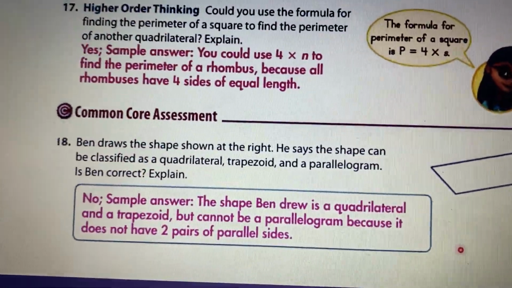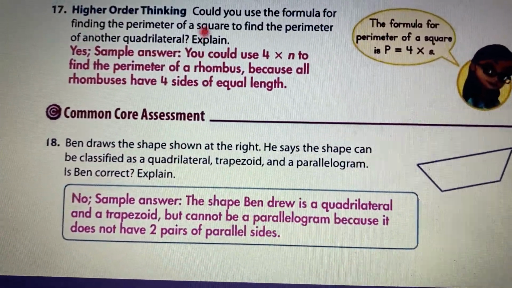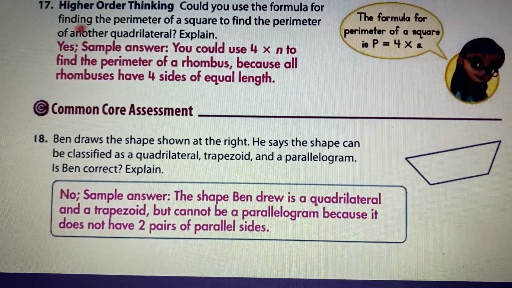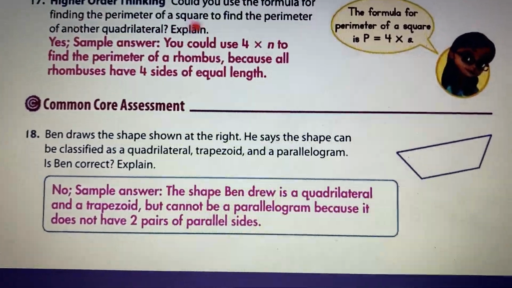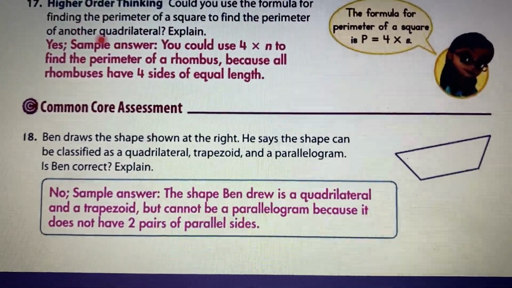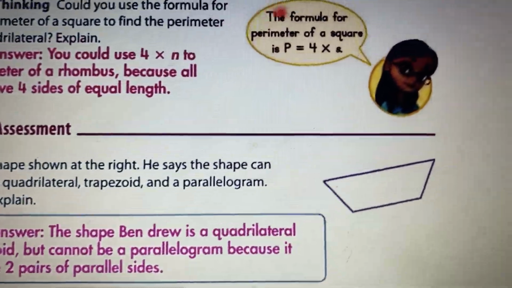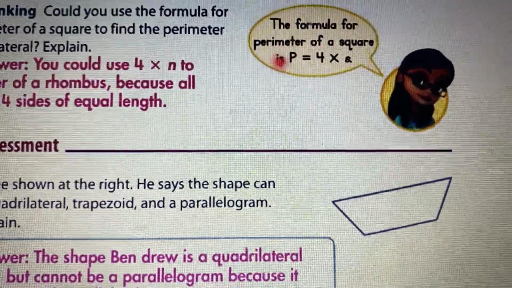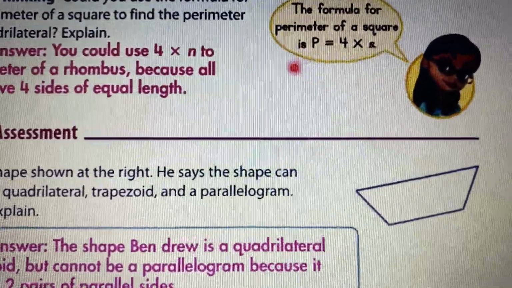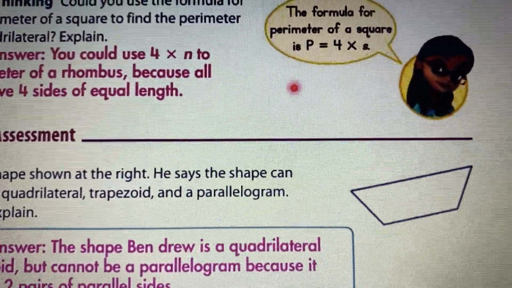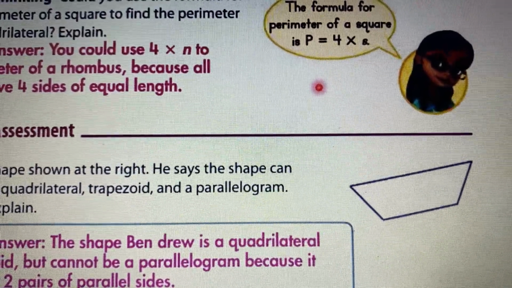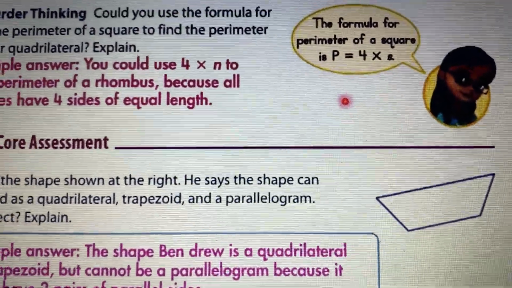Question number 17. Higher order thinking. Could you use the formula for finding the perimeter of a square to find the perimeter of another quadrilateral? Explain. Now, first of all, the formula of the perimeter, do you remember it? We multiply 4 times s of the square because all of the sides of the square are what?